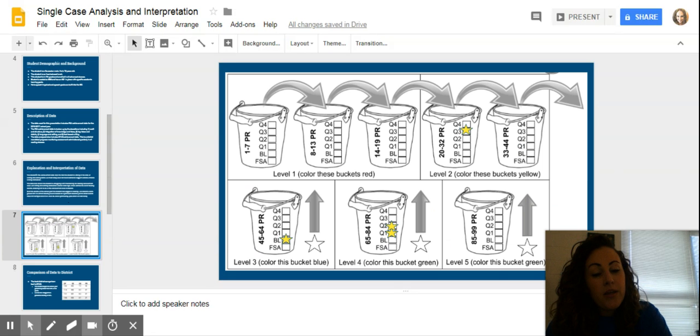Now, I know that I'm talking buckets, I'm talking achievement levels. I know that it can be very confusing as a parent, but ultimately what I want you to understand is that this bucket system is very closely related to his FSA progress and how we are going to expect him to perform on the Florida Standards Assessment as a seventh grader.